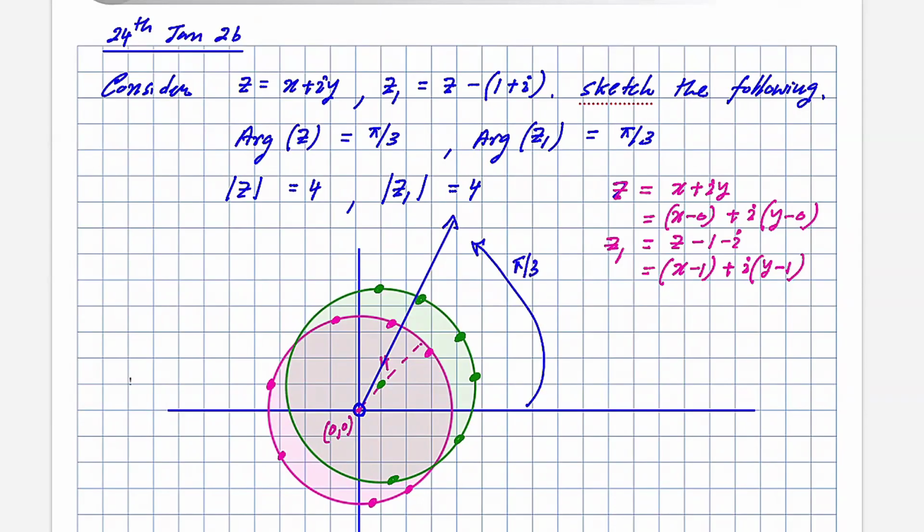So now the next one is Z1, arg Z1 is pi divided by 3. So this is Z1 point, right? So pi divided by 3 again. So from here, it would be something like this. Actually, my drawing is a little ugly, okay?